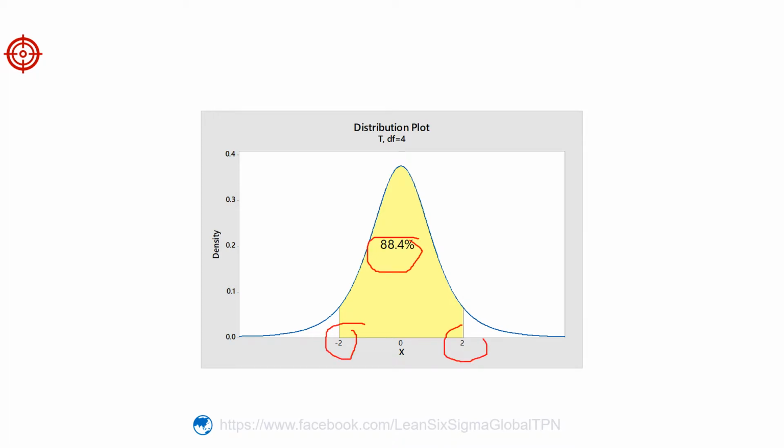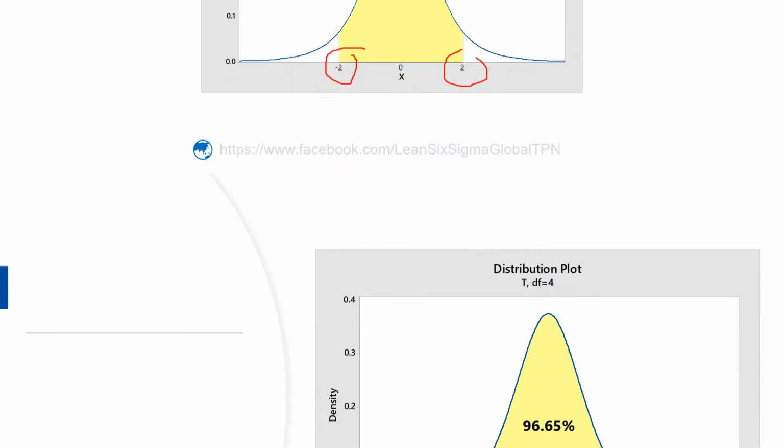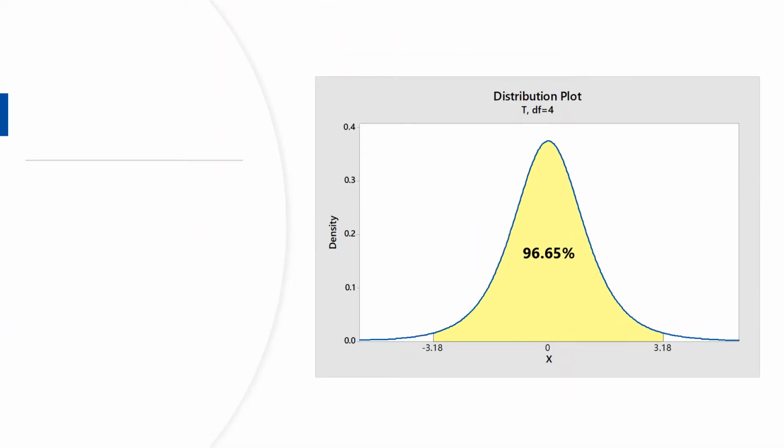So if the process mean is 145, we can expect only 88.4% of sample means to fall within two sample standard errors of 145. We found that the sample mean of 145.5 grams was about 3.18 sample standard errors from 145.